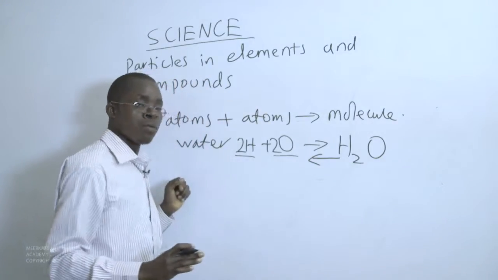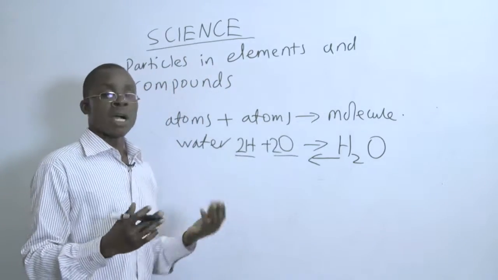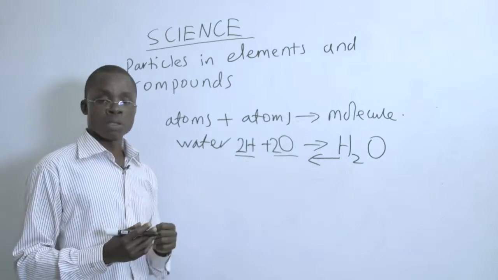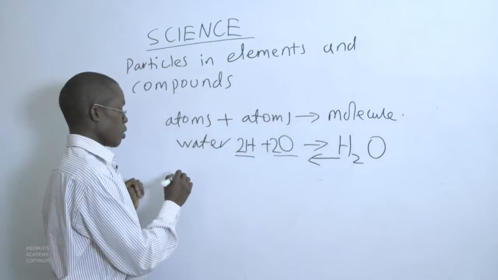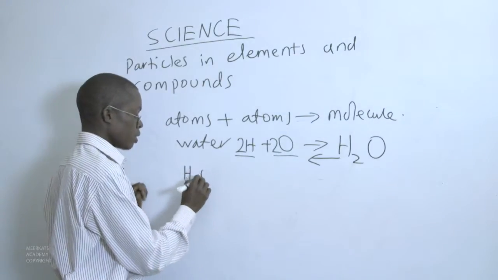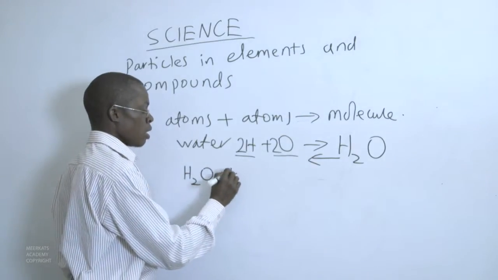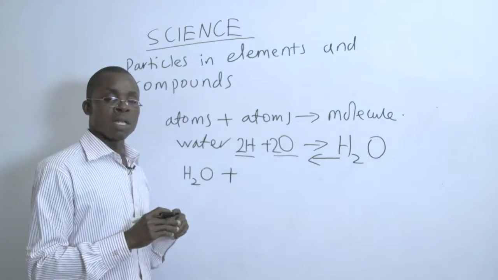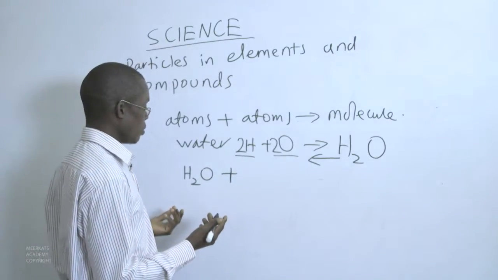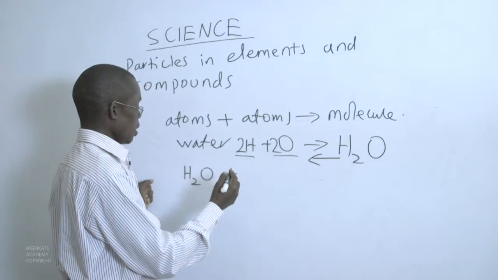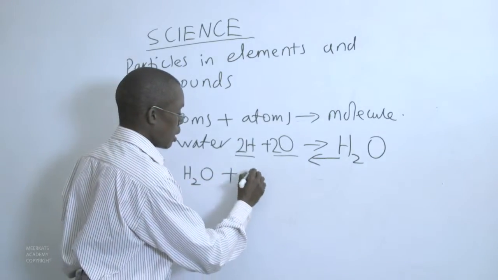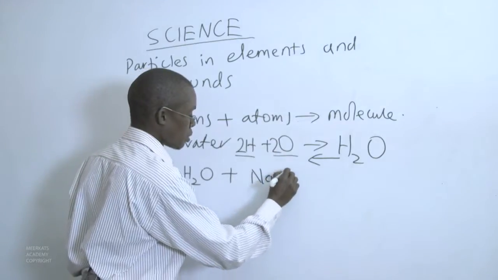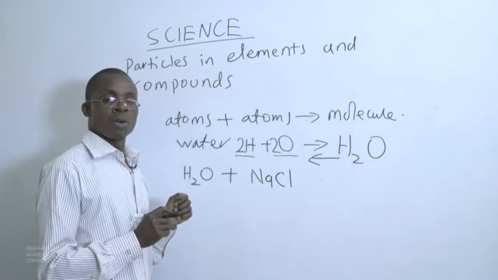A compound can also be formed from bigger particles like molecules. I can have a molecule like water reacting or combining with another molecule. For example, I can have common table salt, sodium chloride.